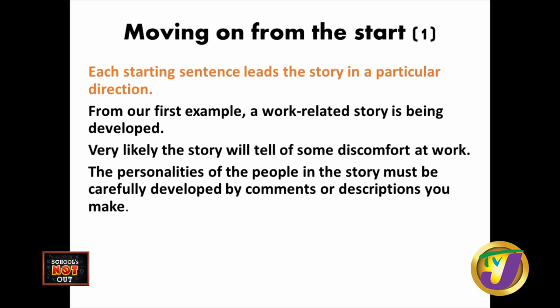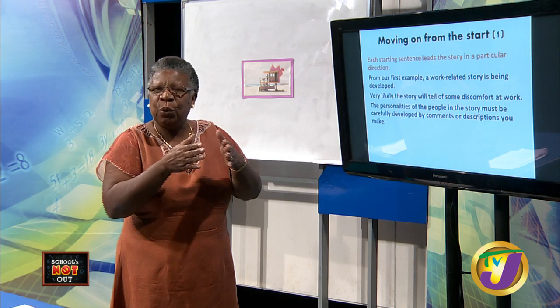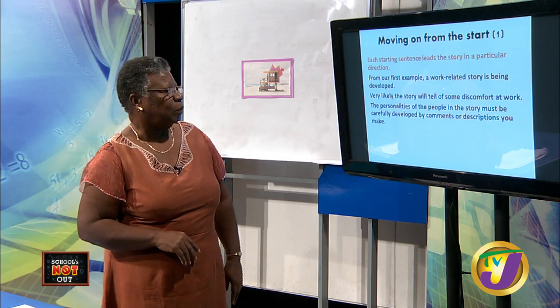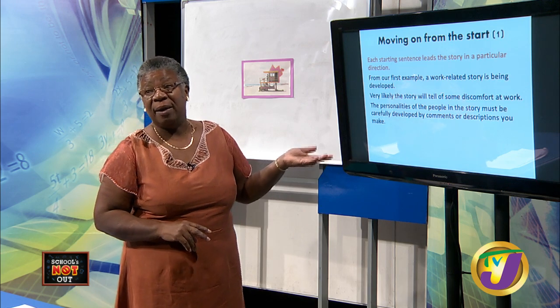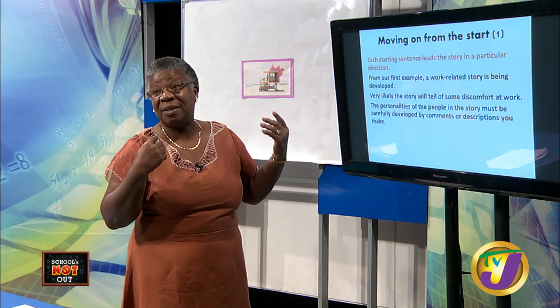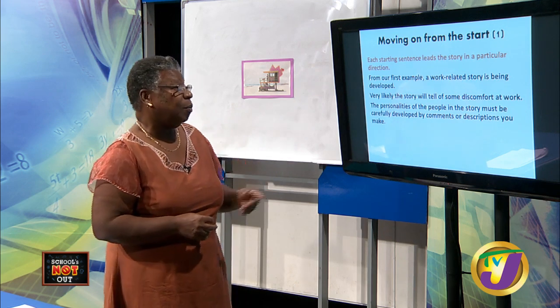Each starting sentence leads your story in a particular direction. So whichever you select, you're going to look out for the cues that will show you how it's to go forward. And I've worked through the examples we had so that you will see how I think when I see each example.